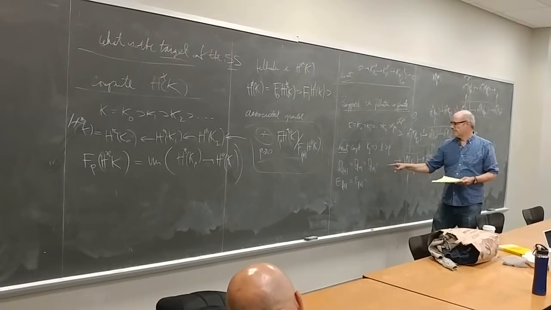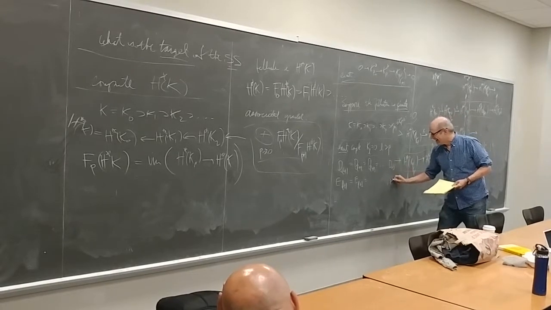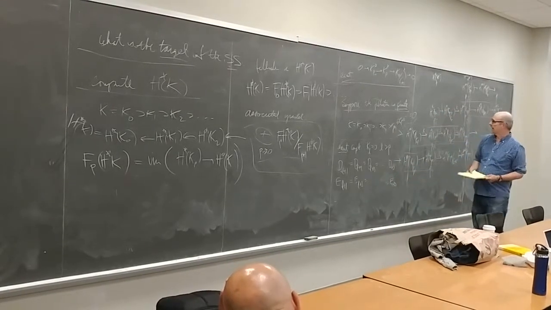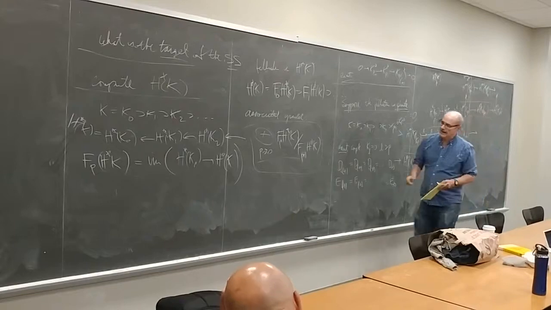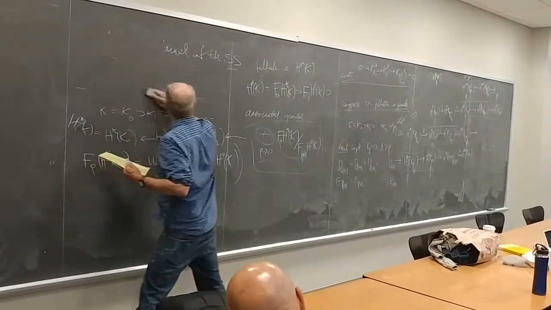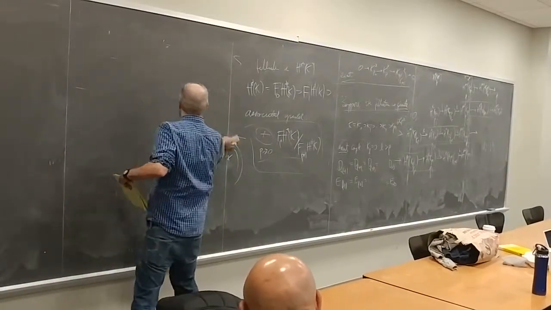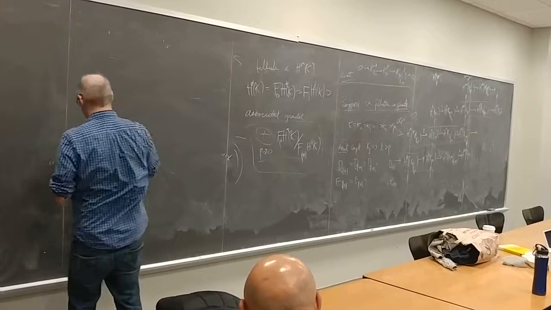So this stable limit here, I'll just call that D infinity, and this stable limit, I'll call that E infinity, and then our exact couple looks like this.